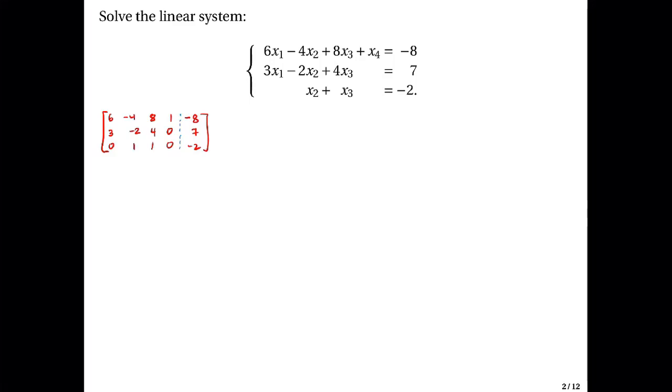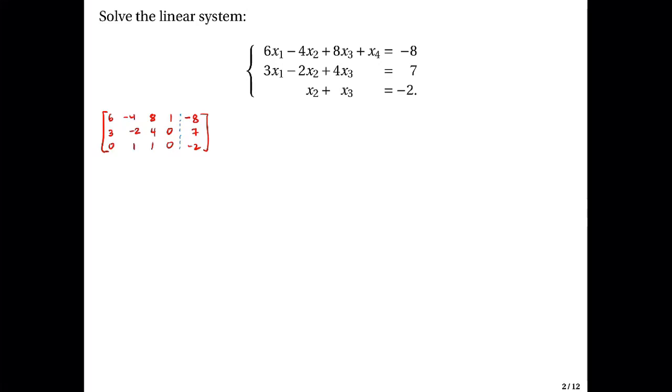But if we do that, we will have some fractions. As much as possible, I want to minimize the fractions appearing here. So I'm not gonna divide the first row by 6. What I'm gonna do is make this 0 now.